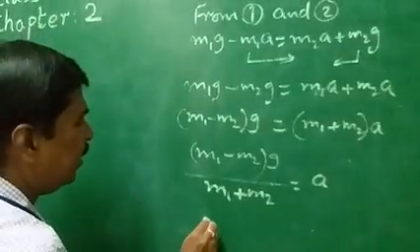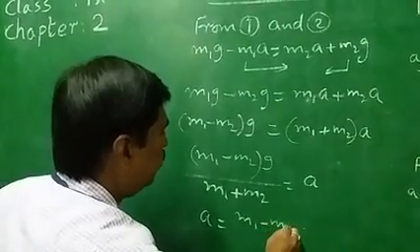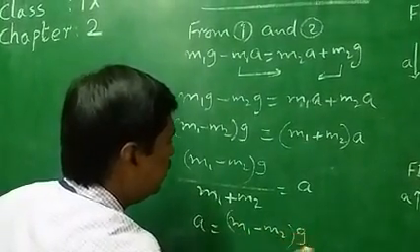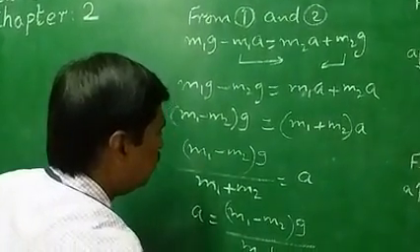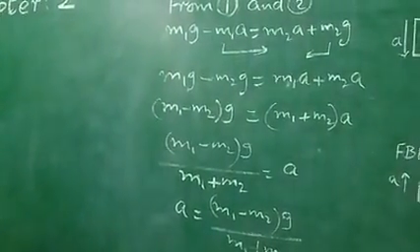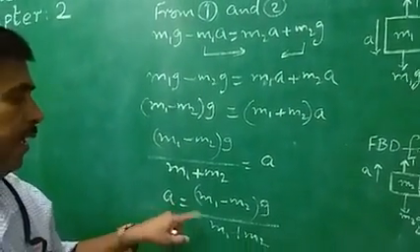So acceleration is equal to M1 minus M2 into g divided by M1 plus M2. This is the formula given by Atwood for finding the acceleration.